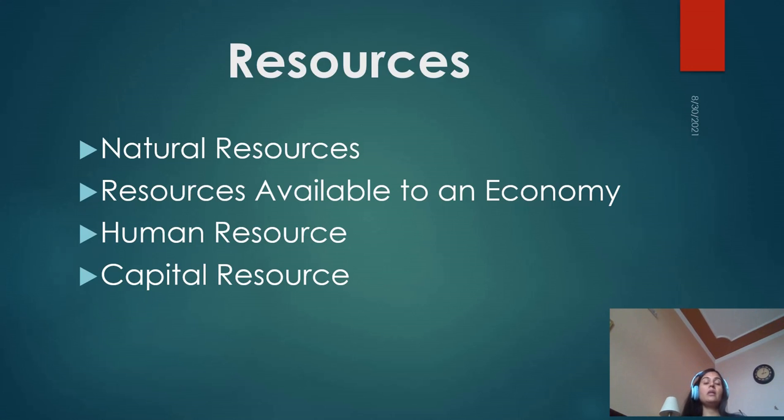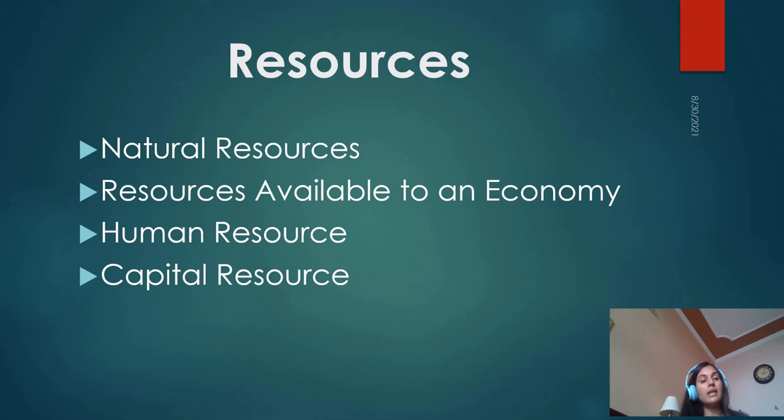Now, in a basic way, we have the resources. There are different types of resources. We have natural resources: under natural resources, we have land, wildlife, forest, water, etc. The second is the resources available to an economy, like buildings, equipment, and the infrastructure available.